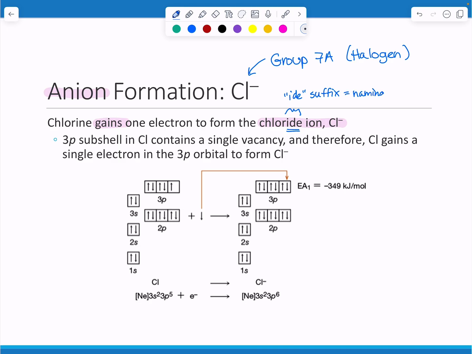We would say something like a sodium ion for a cation, a positively charged ion. But for a negatively charged ion, we add IDE to the name of the element, and so it becomes the chloride ion.